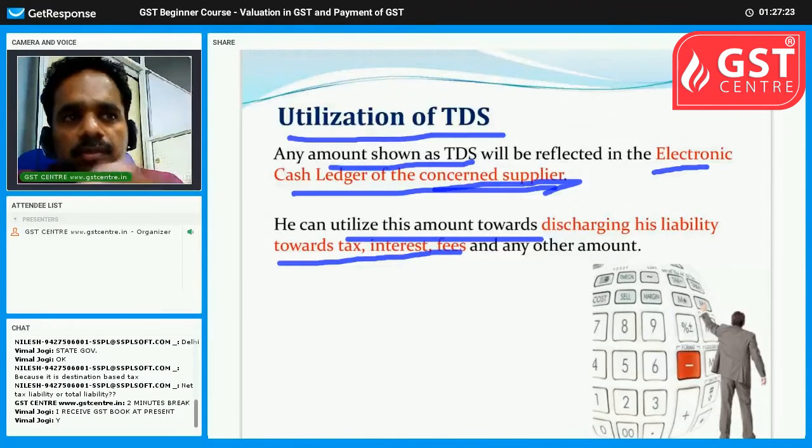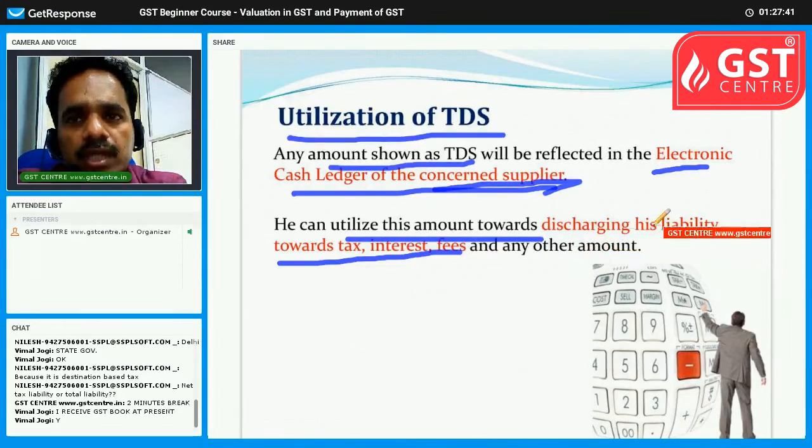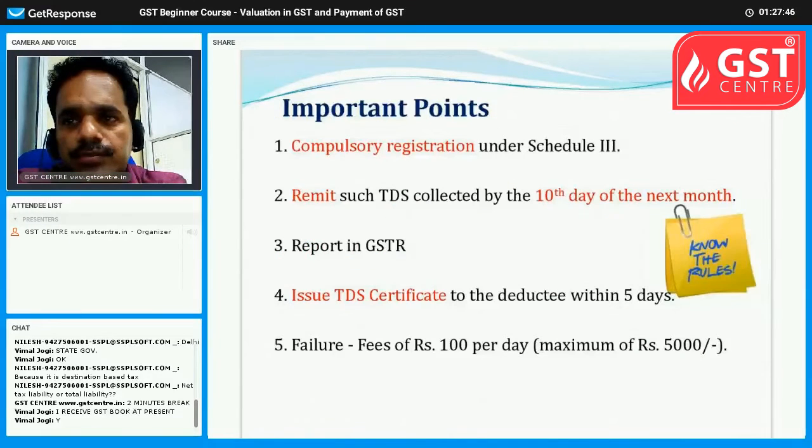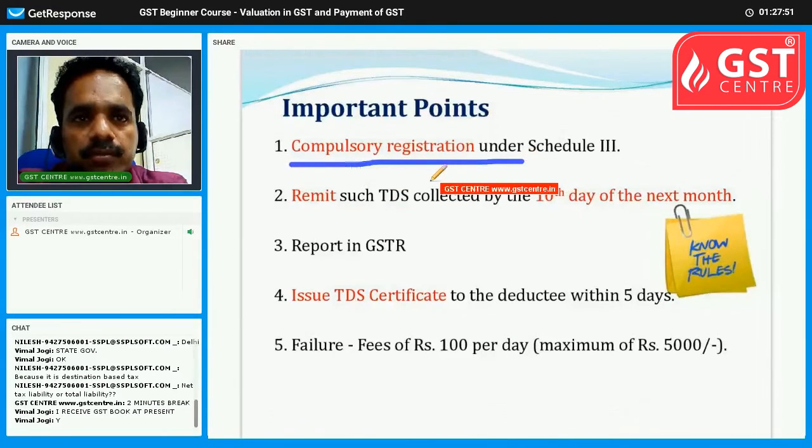So the government undertaking will deduct TDS from the supplier's amount and pay it into the supplier's GST account, and the supplier can see the TDS in his cash ledger, and with that amount he can discharge his GST liability. Then important points: compulsory registration should be done by the government undertakings.